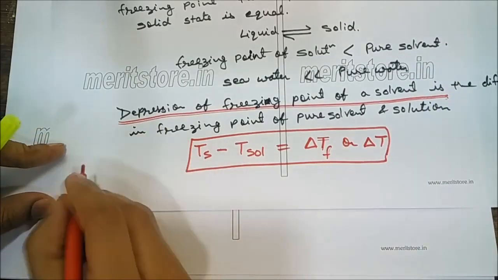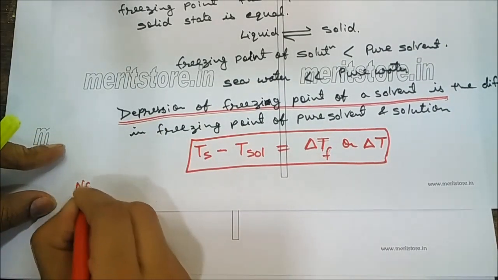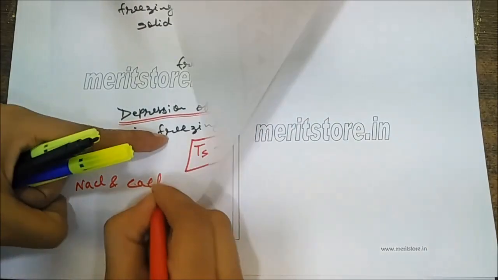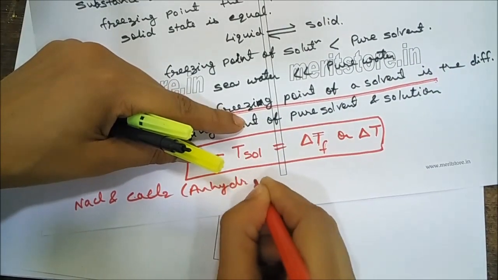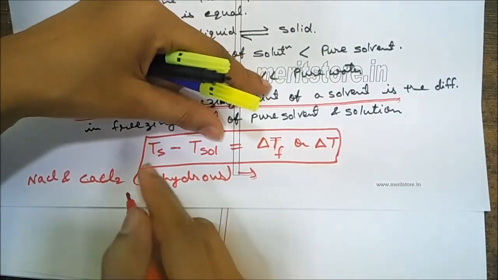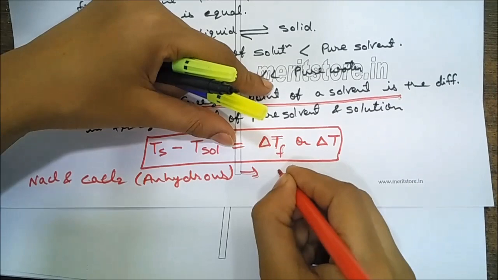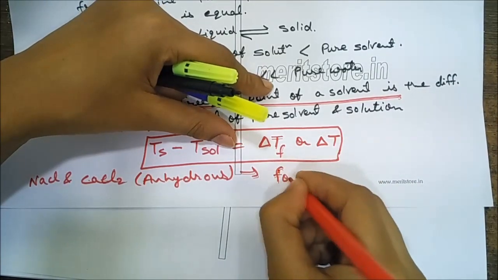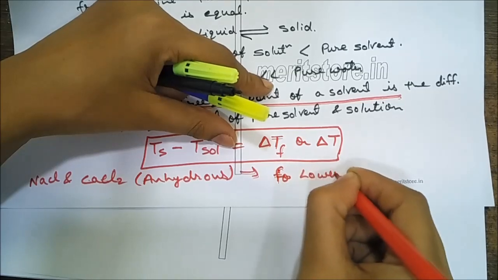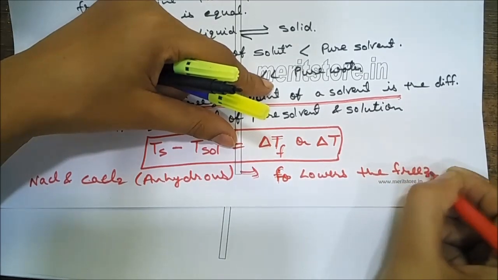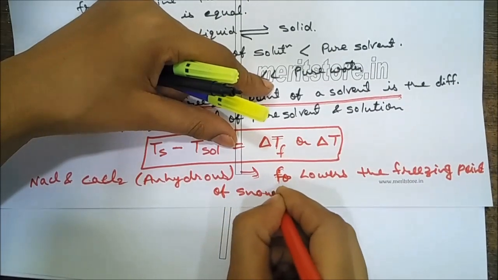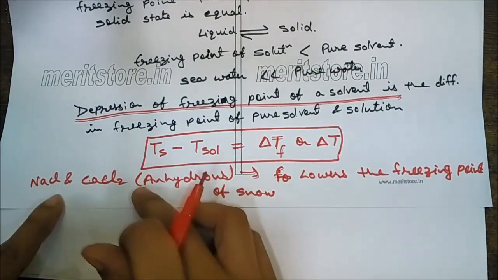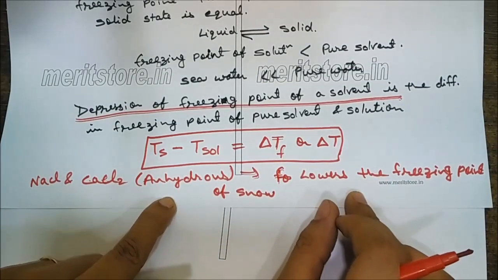Now we can take one example. Anhydrous sodium chloride and calcium chloride are used in clearing the snow, as these compounds lower the freezing point of snow, and these compounds are used to clear snow on roads.